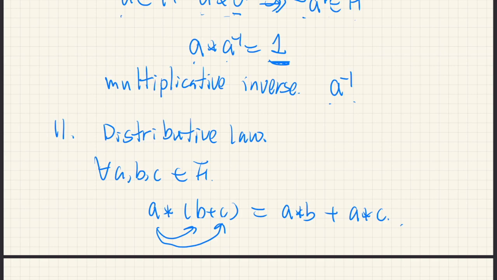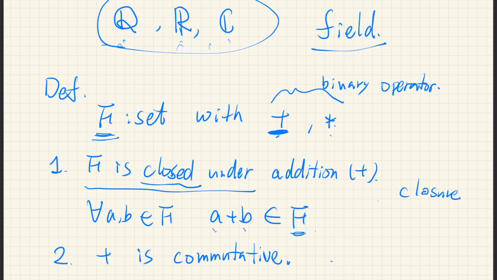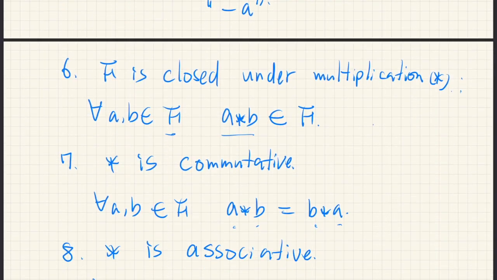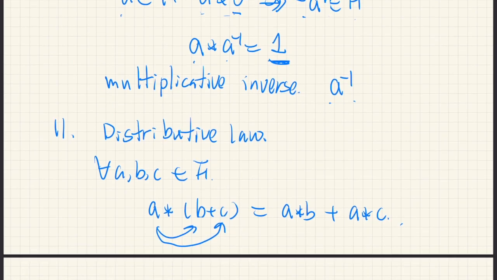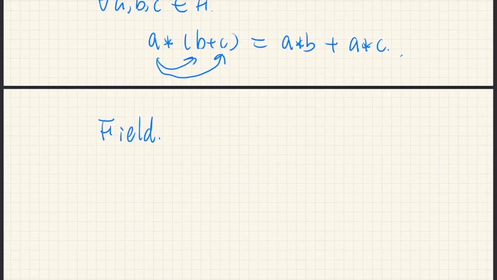So that's all the axioms that define a field. Any set with addition and multiplication, which are binary operations, if these 11 axioms are satisfied, then the set F is called a field. A field is not just a set, but it comes with two binary operations, addition and multiplication.